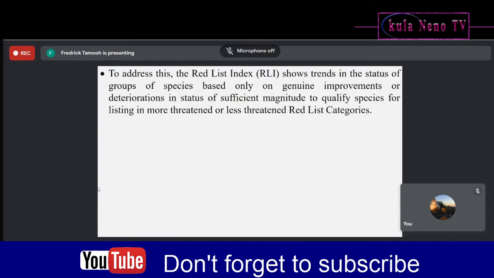So in order to address this, the red list index basically shows the trend in the status of a group of species based only on genuine improvement or deterioration in status of sufficient magnitude to qualify species as either threatened or less threatened.